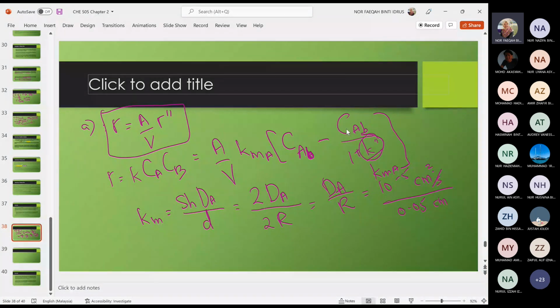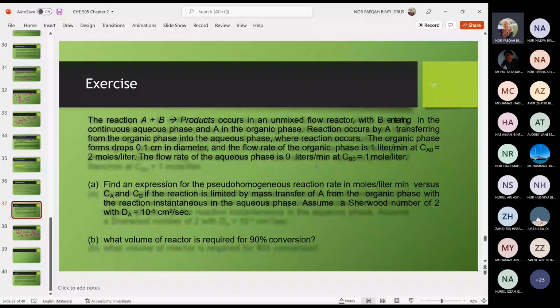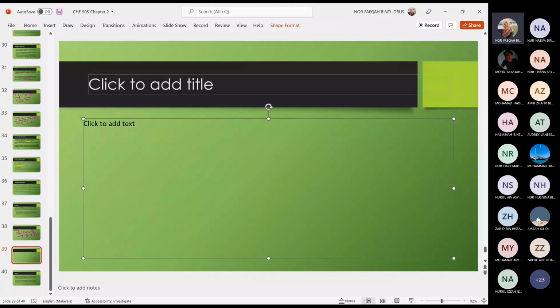Kalau term ni besar, ni kecil bagi besar, dia too small. So, we can solve it by using the mass balance of B. Kalau mass balance of B, boleh solve sebab we have both value. We have both concentration of A and concentration of B.